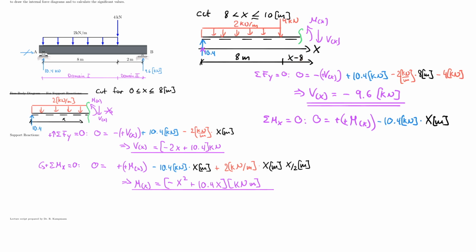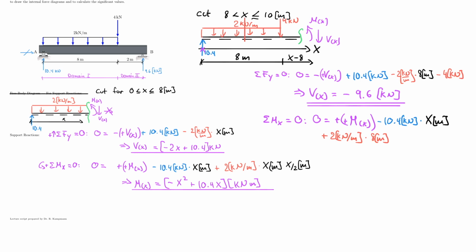So now I have to include the 2 kilonewton per meter, which rotates counterclockwise. Therefore, that is positive. So plus 2 kilonewton per meter multiplied by 8 meters. It's already a constant, right? So that is the entire sum of it. And now I need to be careful because that force is really acting at the center, right? So it's acting right there.